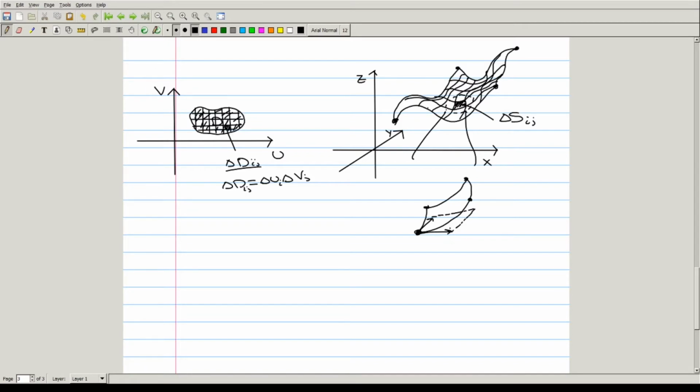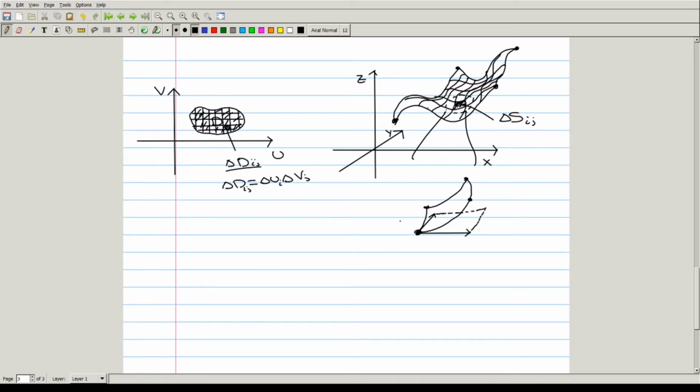If this vector right here is the approximate length in this direction, and this tangent vector right here is the approximate length of the surface in this direction, then the area of the parallelogram spanned by these two vectors is approximating the surface here.